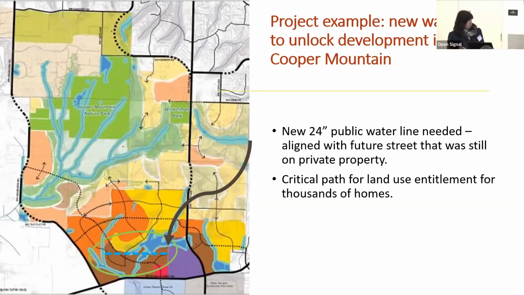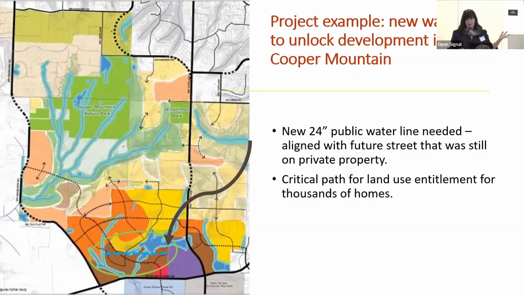So looking at water specifically, you'll see, and it's a little bit hard to see, I've got this arrow pointing to this green oval. There was a developer that was ready to come through the land use process to get entitlement to build a bunch of housing. There was no way to get water unless they went through the property of someone else, right?